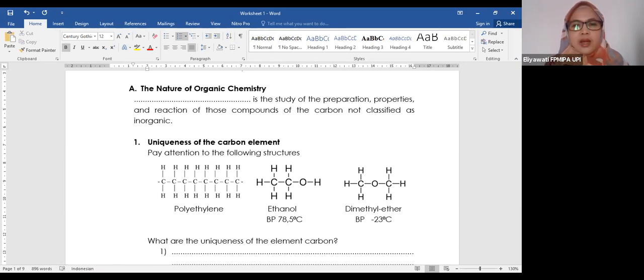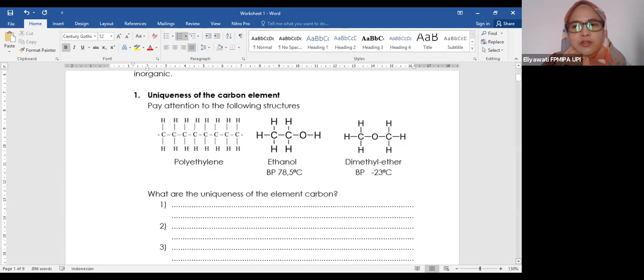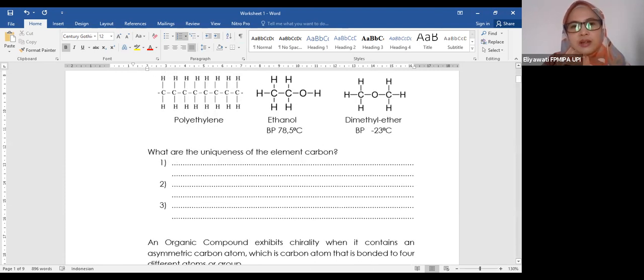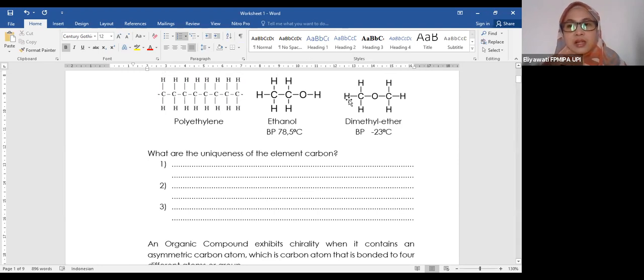How can we know the characteristics or the uniqueness of the carbon element? I already provided several structures here. By seeing the structures, I ask you to guess what the uniqueness of the carbon element is.